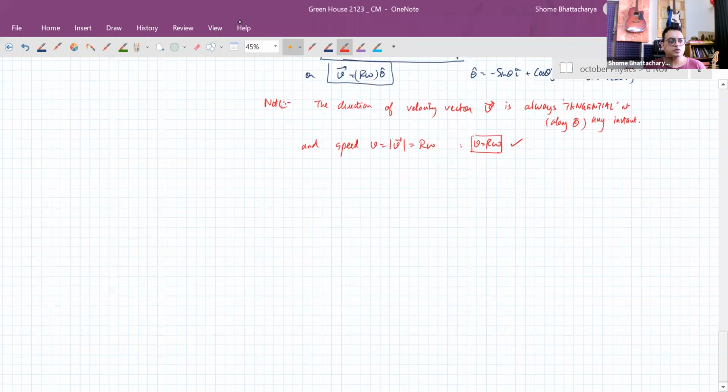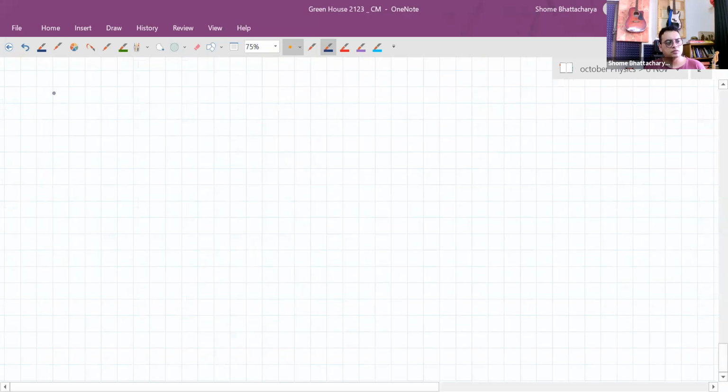Okay, so this is about the velocity and acceleration. I mean, about the velocity. Now, before we move on to acceleration, we will understand a couple of more things.